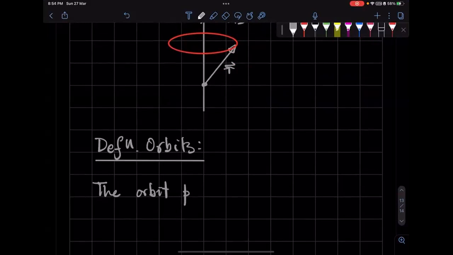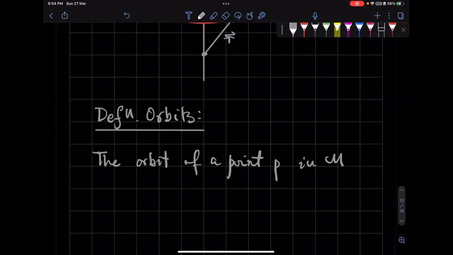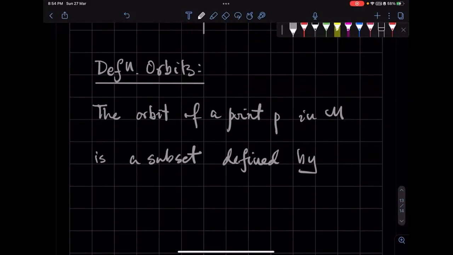The orbit, say, the orbit of a point P in M is a subset defined by, so we write it as GP, where G is the group.